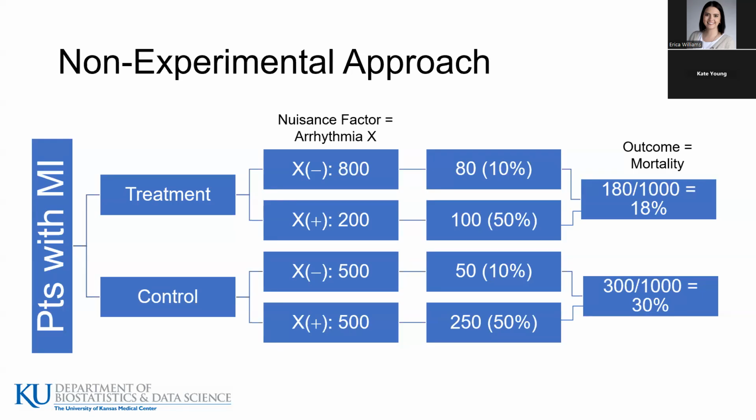However, in the treatment group, we have more patients without the arrhythmia than patients with the arrhythmia. And so when we pool these results, we can see that the estimated overall mortality is less than the control group. But this isn't due to any effect of the treatment. It's due to the imbalance of those with an arrhythmia versus not in the treatment group.